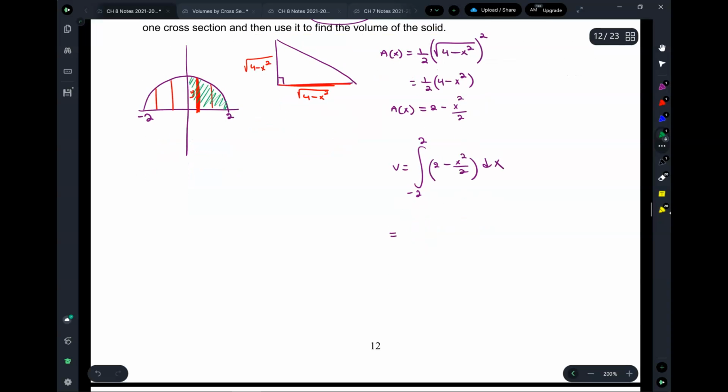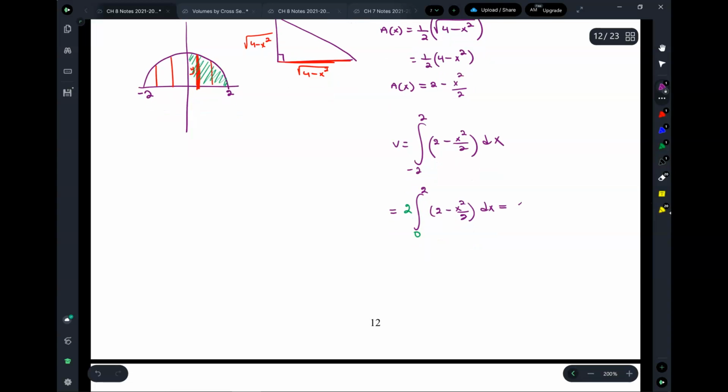So I'm going to do 2 times the integral from 0 to 2, because if you can ever switch out a bound for a 0, do it. So this is going to be 2 times 2x minus x cubed over 6, from 0 to 2. This is going to be 4 minus, what is that, 4/3? And that's 16 over 3.